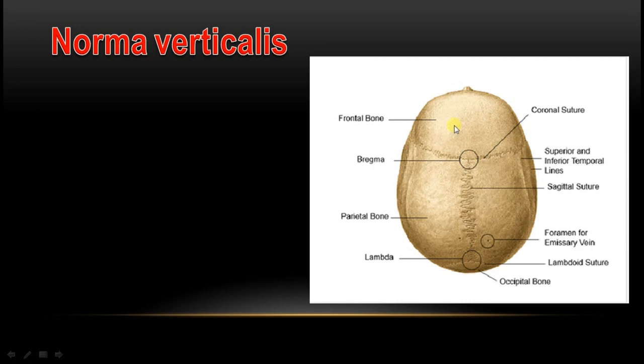So frontal bone, a pair of parietal bones, and occipital bone you can see in the norma verticalis. More laterally you see part of the temporal bone, and if you observe very carefully, part of the greater wing of sphenoid can also be seen, but not very clearly. Mainly frontal, parietal, temporal and occipital bones.